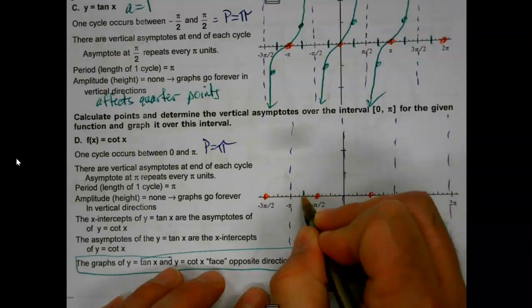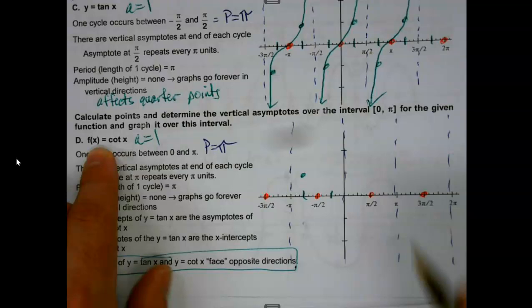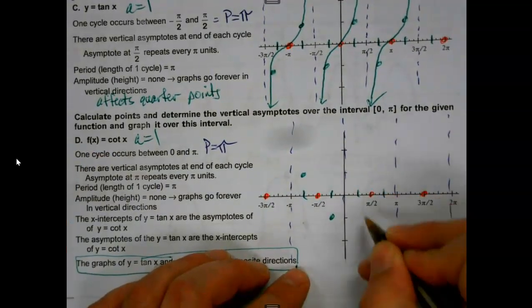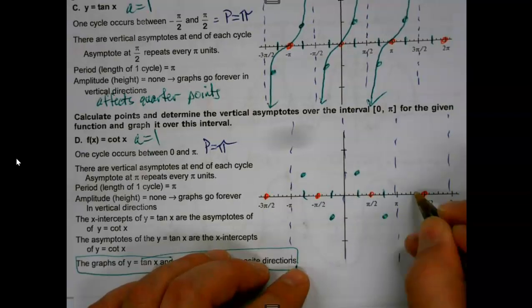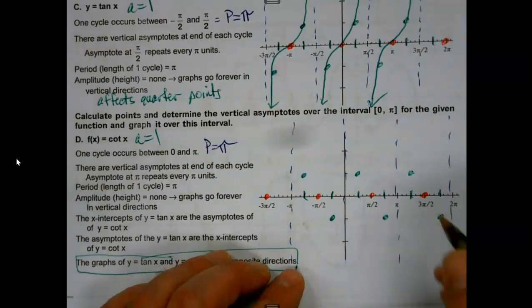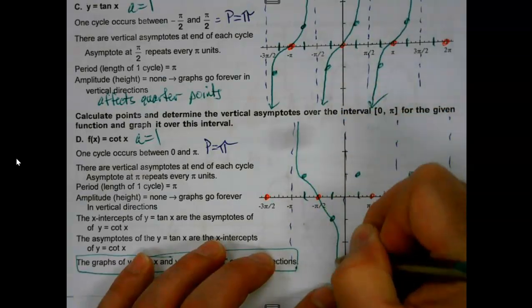Still going to look at those quarter points, and since my A value is 1 this time, those quarter points, we're going to keep doing the same thing that we did before. Except, now we're going to be going down to the right.